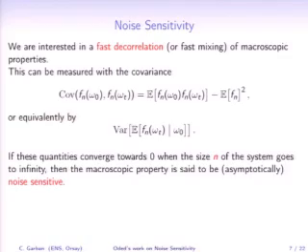And if these covariances converge to 0, it means that you lose the information. So a fast decorrelation of macroscopic properties will correspond to these covariances going to 0. Noise sensitivity corresponds to the vanishing of these quantities here.